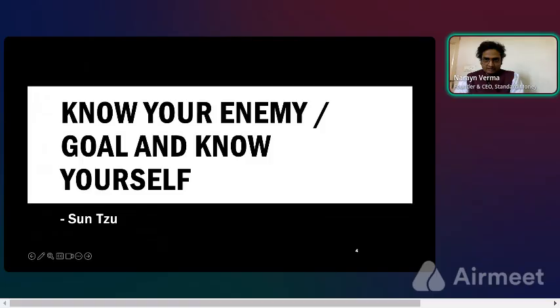So the old adage, as we adhere to it, know your enemy and know yourself. So in all our previous sessions, we have been trying to know our goals, basically trying to know ourselves. This is one session where you are trying to know your enemy, or in this case, let's see the external factors like mutual funds, or this is going to be applicable to everything.